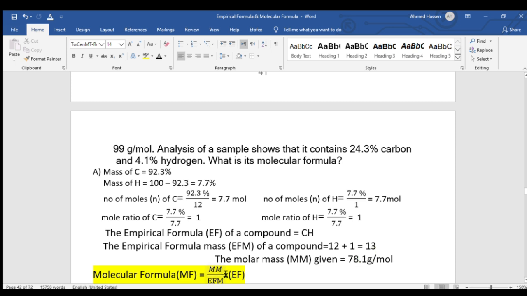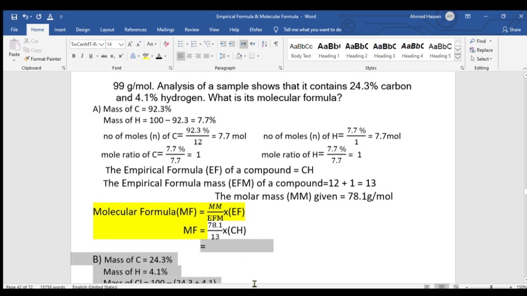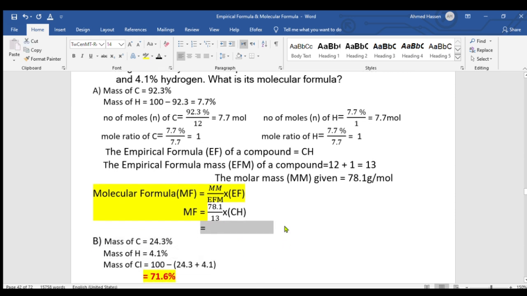Therefore, 78.1 divided by 13 gives us the following. You see, this becomes around 6. Okay, 6 times the empirical formula of the compound becomes the formula of the compound.